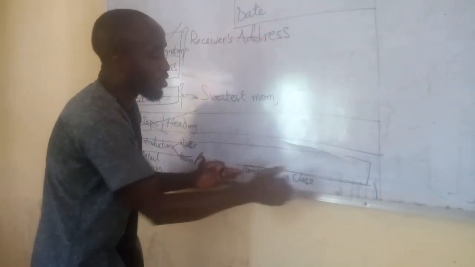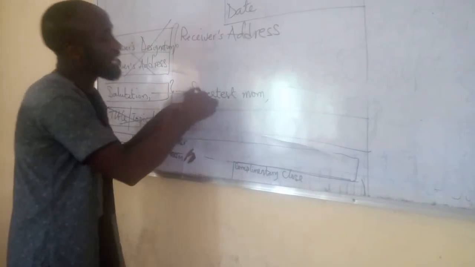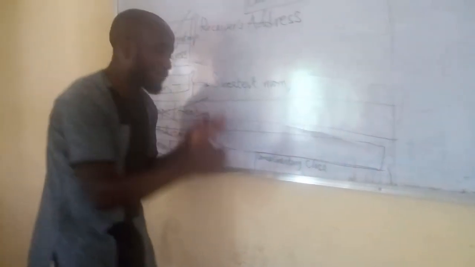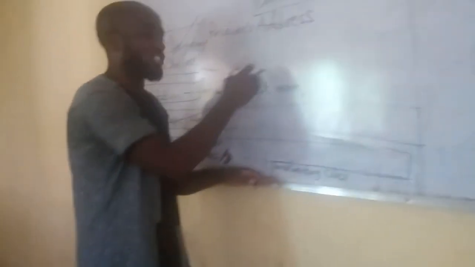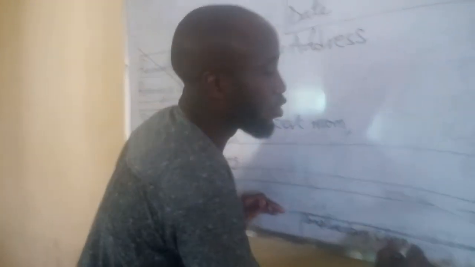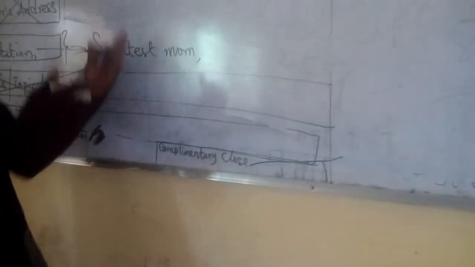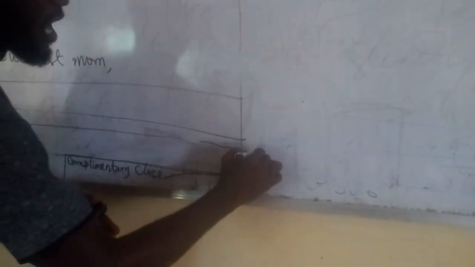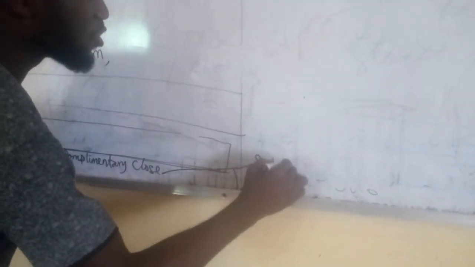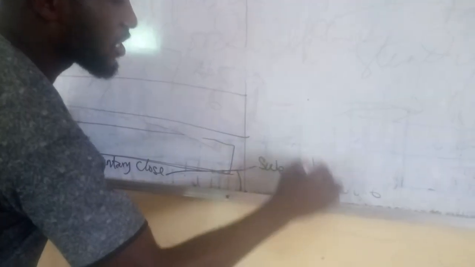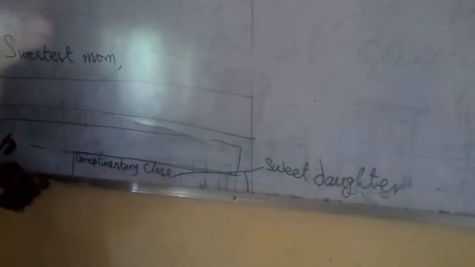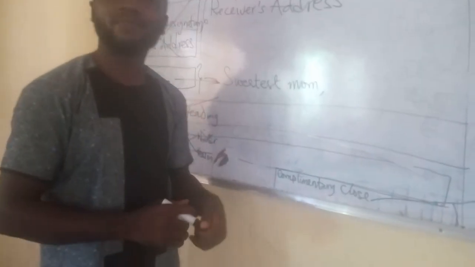When you're coming down, what is the connection between this point and this point? At this point, you're stating the relationship that exists between the writer and the receiver. So if your mom in this case is sweet mom, then the letter is from who? If you like, you say sweet daughter, or sweet son, or wonderful child.